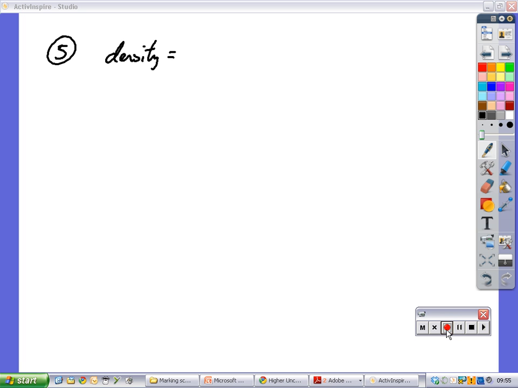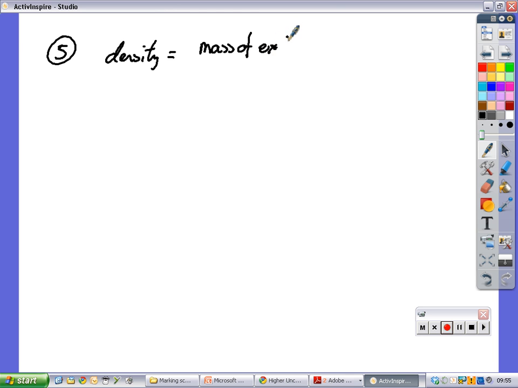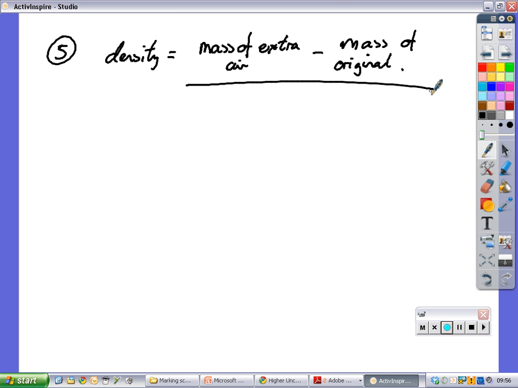So it's the mass of extra air container minus the mass of the original container, all divided by volume released.